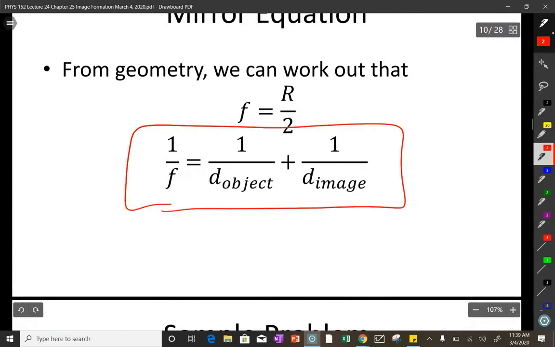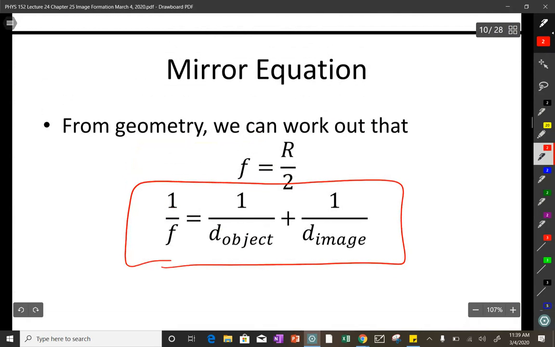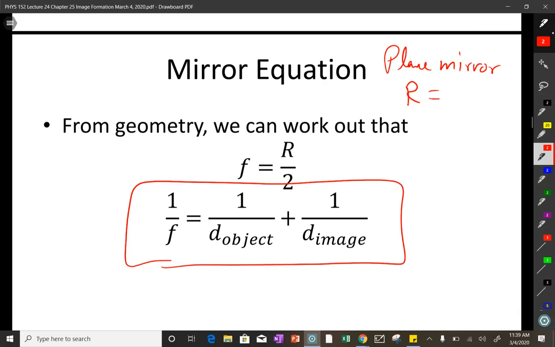So for that case, for a plane mirror, what is the radius of a flat surface? It's the opposite of 0. Infinity. It's infinite. Because if you take all of the normals to the surface, the radius is the place where those normals meet.